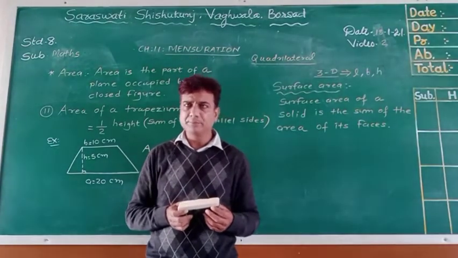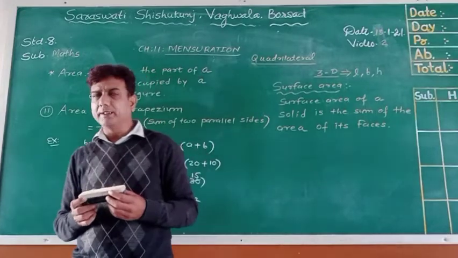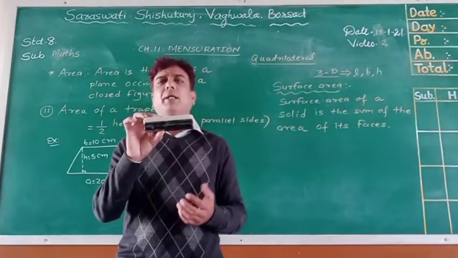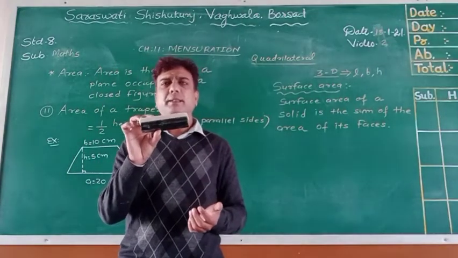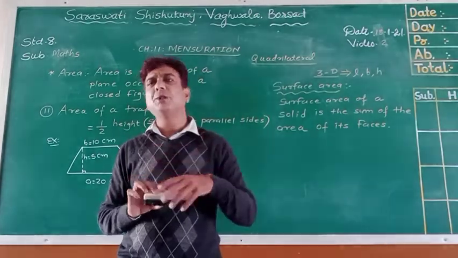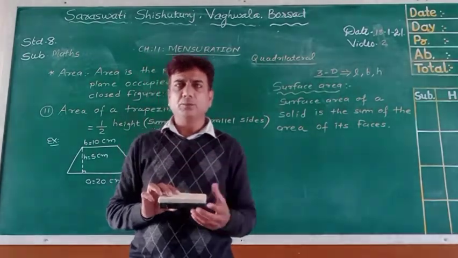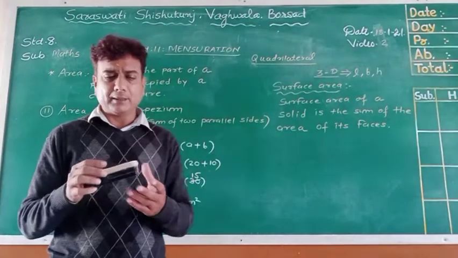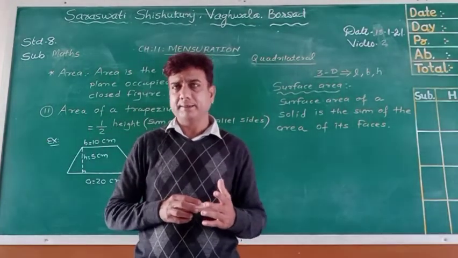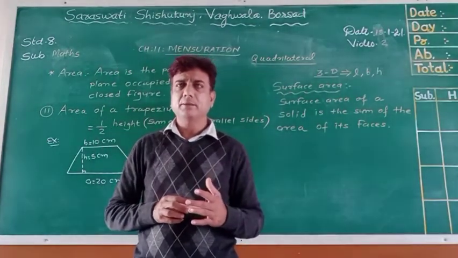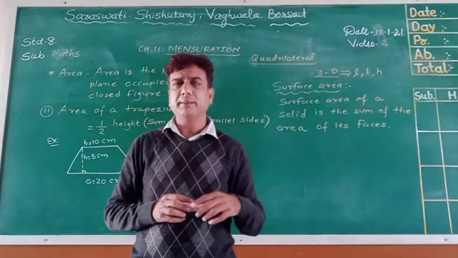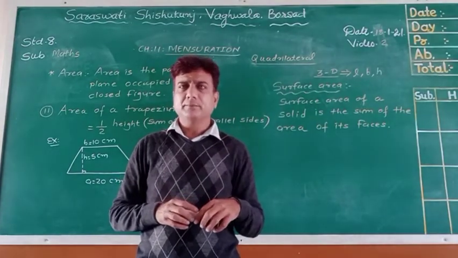Very easy method. This figure is a cuboid. But suppose a cube is given, then it also has 6 faces, 6 surfaces, and the sum of all these 6 faces gives the surface area.